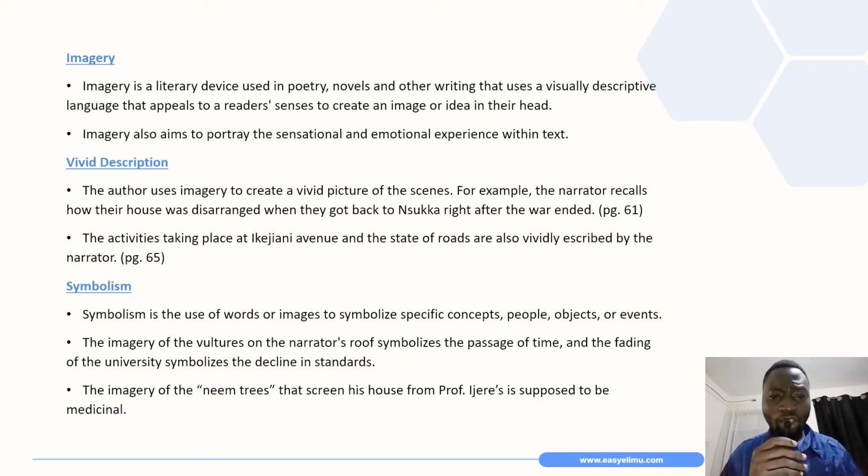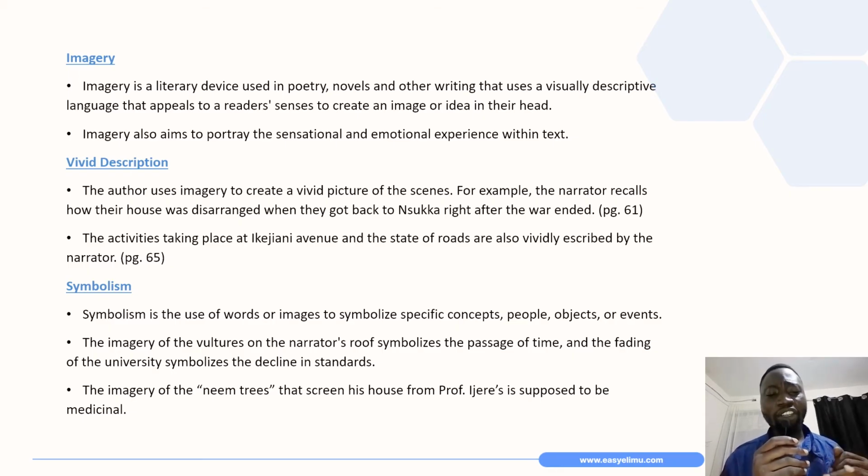Still under imagery, we have another style, that is symbolism. Symbolism is the use of words or images to symbolize specific concepts, people, objects, or even events. We are told that the imagery of the vultures on the narrator's roof symbolizes the passage of time, and the fading of the university symbolizes the decline in standards.